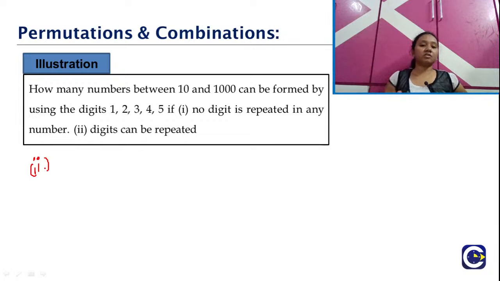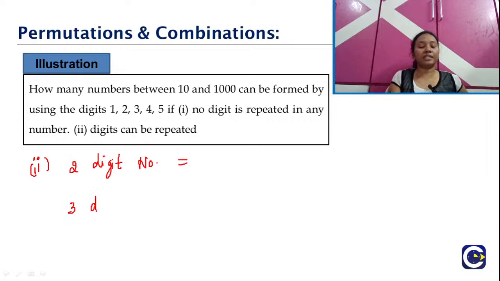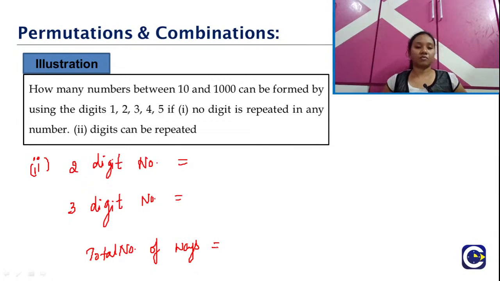Same thing: number of ways to form a 2-digit number, number of ways to form a 3-digit number, and the total number of ways.